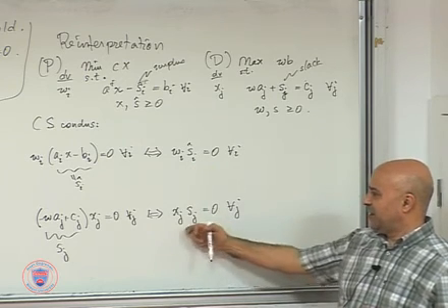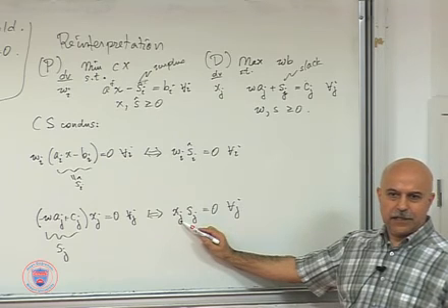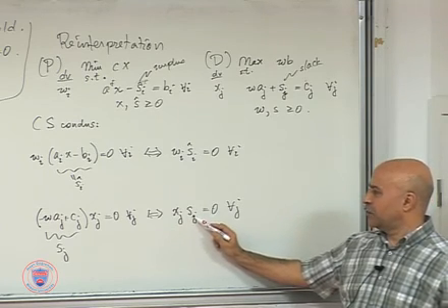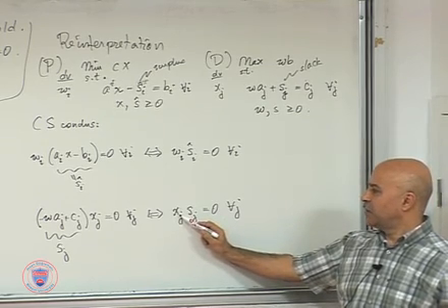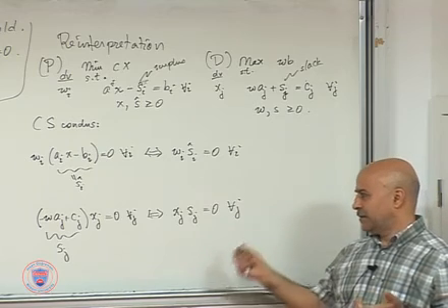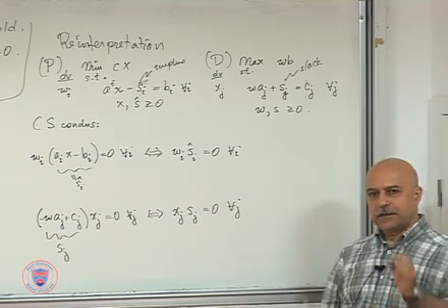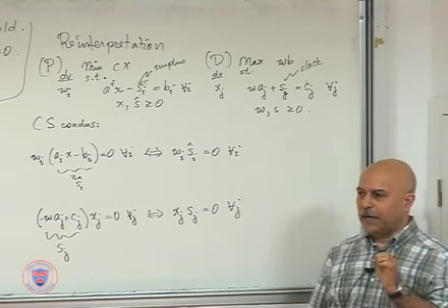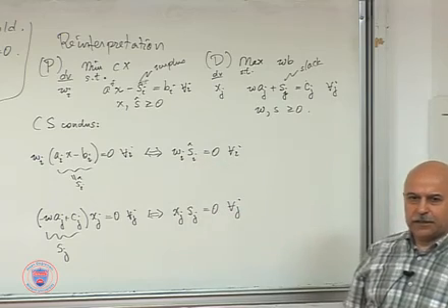Or let's just continue here. If xj is basic, assume non-degenerate, so it's positive. In that case, of course, sj is necessarily 0, which means that every primal variable which is positive in a basic feasible solution will give a dual constraint which holds as equality, which will be active.